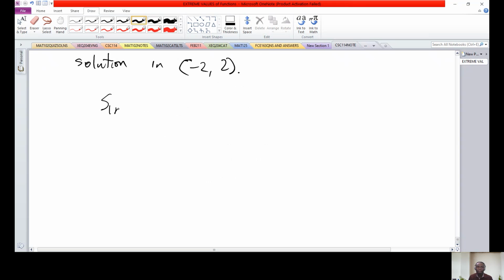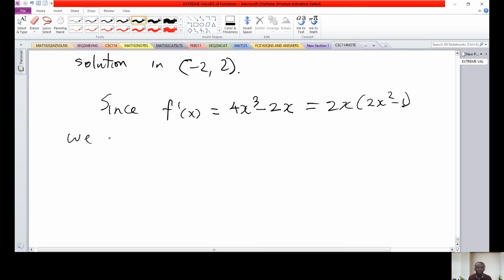So since f prime of x equals 4x power 3 minus 2x, which is 2x times 2x squared minus 1, we need to solve 2x times 2x squared minus 1 equals 0.